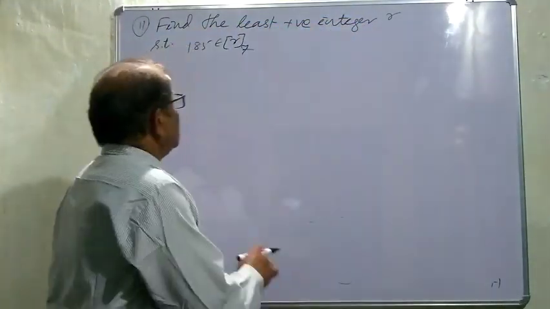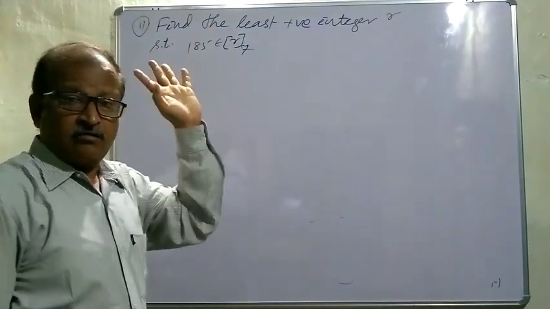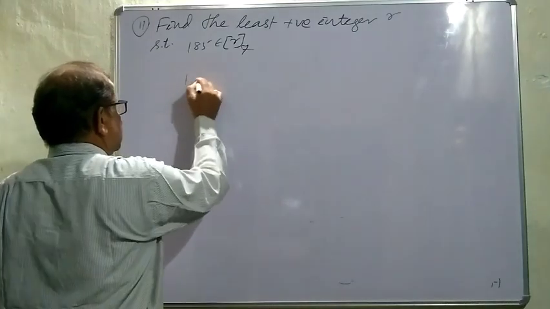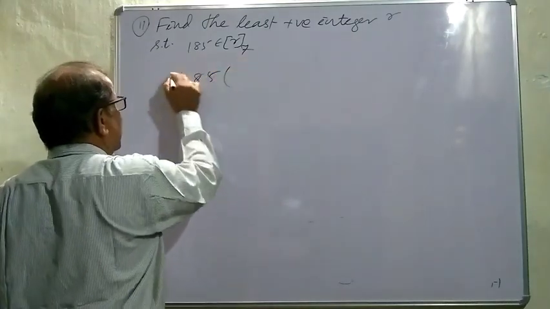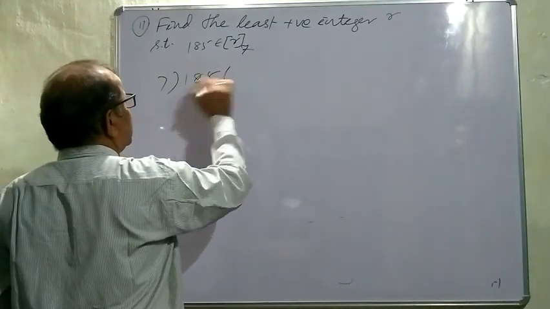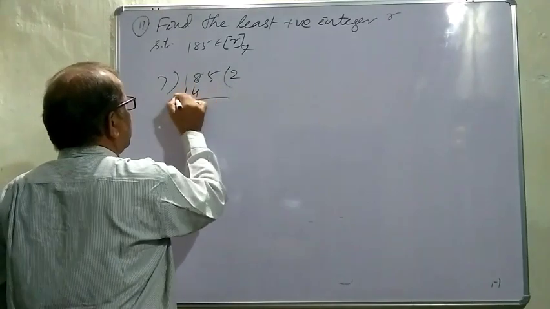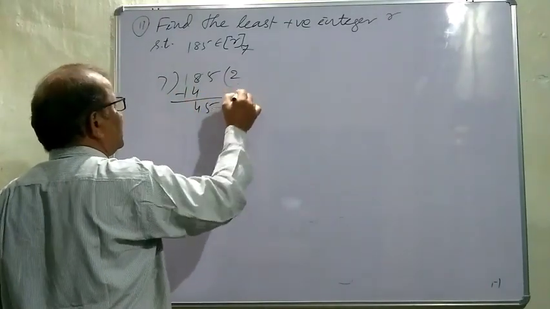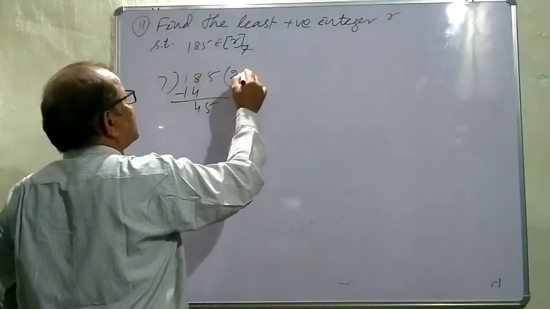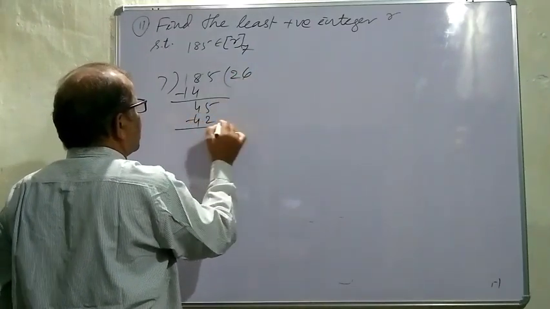So, R is nothing but the remainder. So, let us divide 185 by 7. 7 times 2 is 14, minus 4, 5, 7 times 6 is 42, 3.